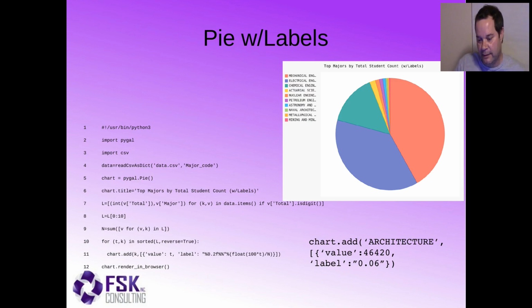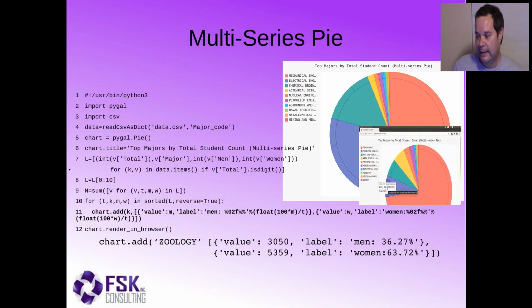That's the intent of this subtle change. Rather than just specifying a list of values, we specify a list of JSON-ish elements. And you'll see this in the next slide, but when you render it in the browser and hover over each one of these pie segments, that label will present itself. That is what you can see in that active GIF, hopefully.